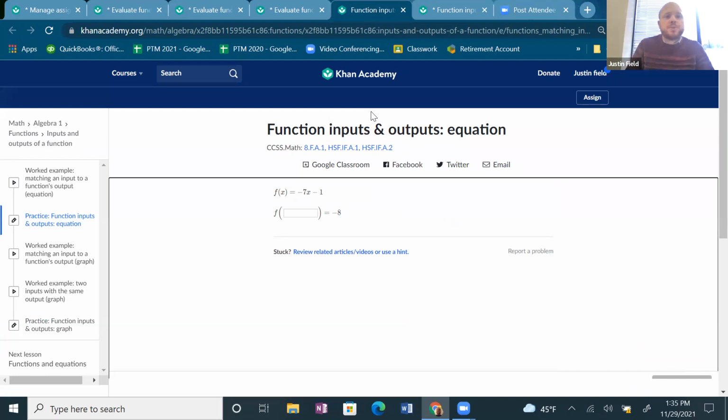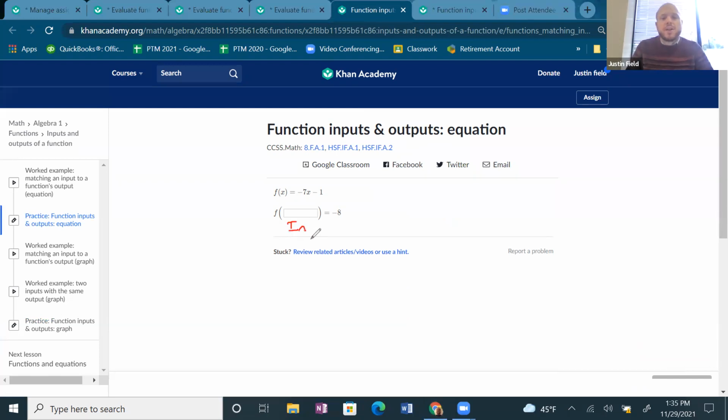All right. Function inputs and outputs equation. So now we're just playing around here with function notation, saying the input is unknown when the output is -8. The x value is not known when the y value is -8. Okay, so what are we going to do? Also, y is f of x and x is just x.